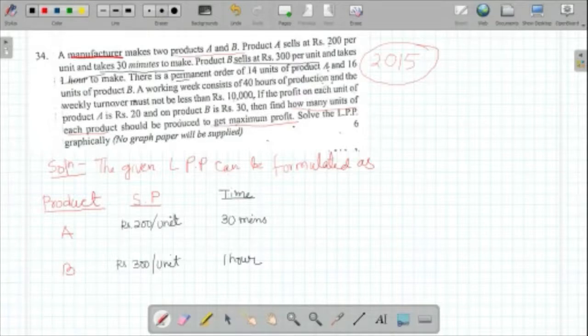Now the question is permanent order of 40 units of A, 16 units of B. First of all, a working week consists of how many hours? 40 hours of production, and weekly turnover of not less than 10,000. The production is 40 hours, right? Okay, so you see hours, right?